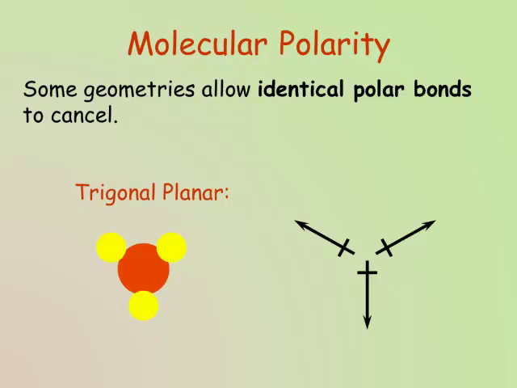If you added the top two poles together into their effect going straight up, it would exactly balance the one bond pulling straight down. If that doesn't really make sense, it's okay. The take-home message is a trigonal planar geometry allows for three identical polar bonds to cancel out, resulting in a nonpolar molecule.